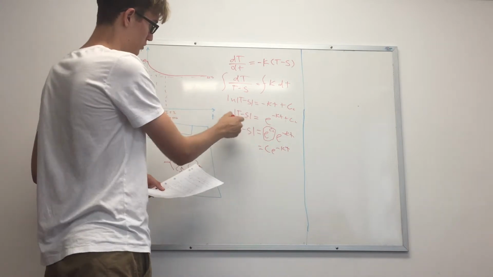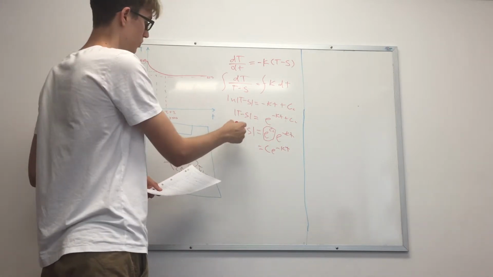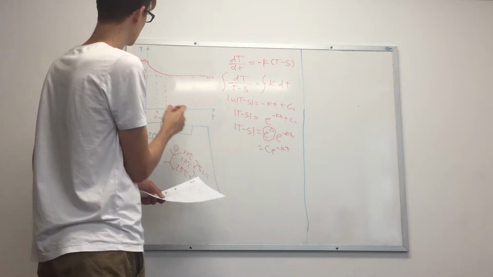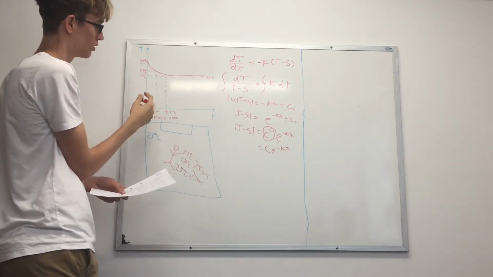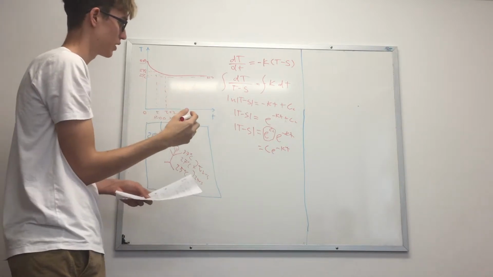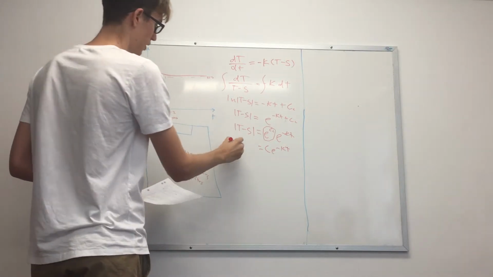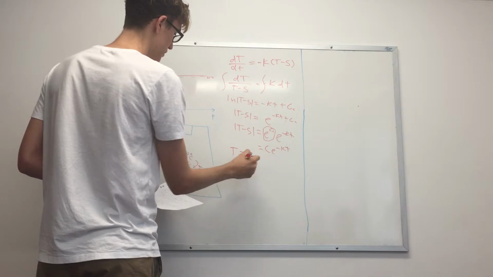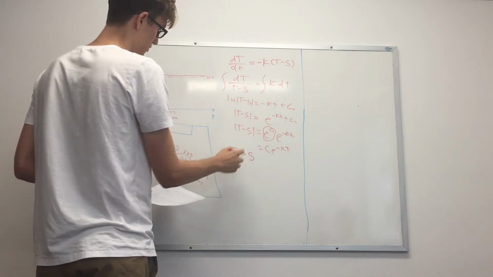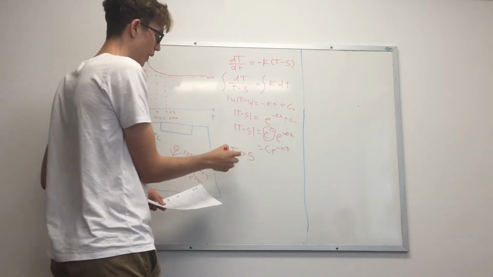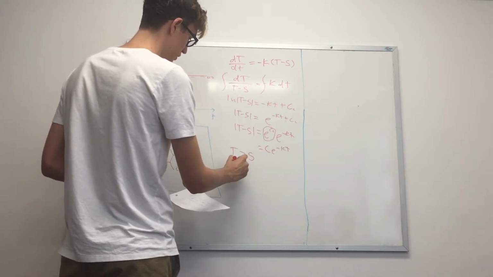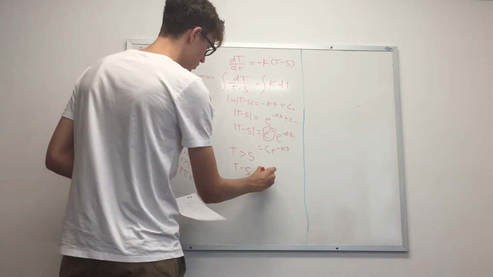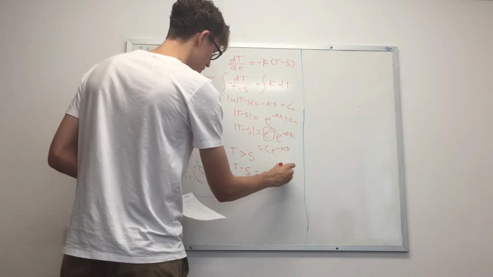So then we've still got this absolute value sign, and that's the general solution, kind of, because the temperature could be either above or below the room temperature. But because we know our temperature is above the room temperature, T is greater than S, we'll know that this is always positive, so we don't need the absolute value sign, which will mean we can make this T minus S equal to C e to the negative kt.